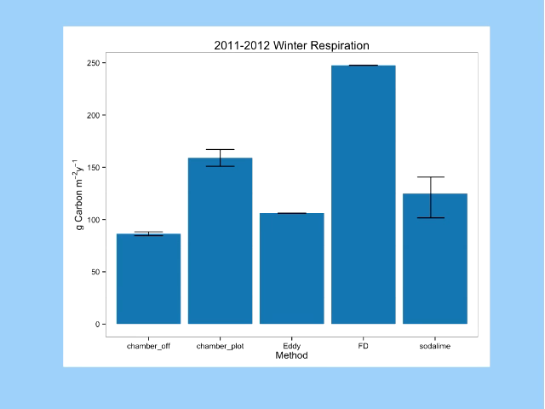Okay, so this is a graphic representation of a comparison of the 5 different means by which we measure carbon dioxide emissions at CiPEHR. You can see the off-plot, that's the snow pit method, as opposed to the fences method or on-plot method, as compared to the eddy tower method, the forced diffusion sensors, and also the soda lime. What I should put here is a line at about 50 grams of carbon per.